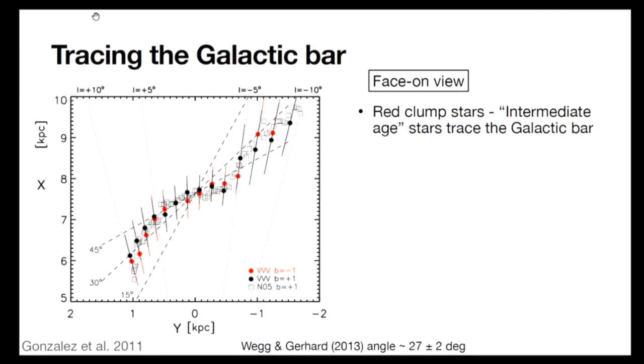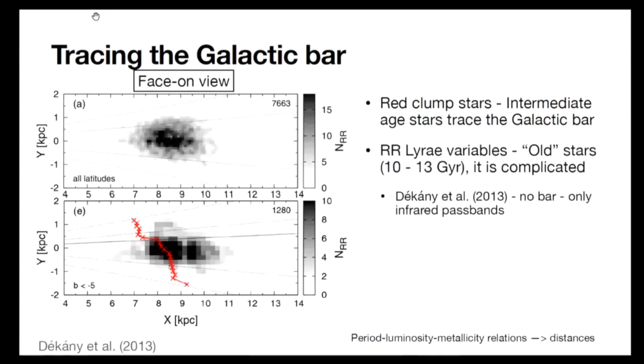But when you try to look for old population standard candles, like RR Lyrae variables that have a period-luminosity-metallicity relation that allows you to use them as distance indicators within the Local Group, that's where you start running into problems. Particularly 2 papers in the past decade contributed heavily to this field, and they provide different kinds of results.